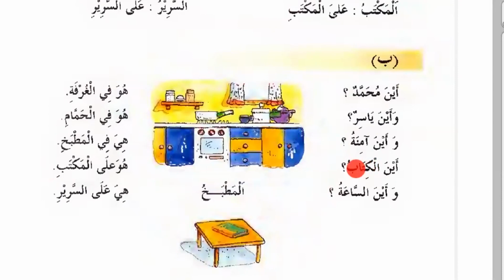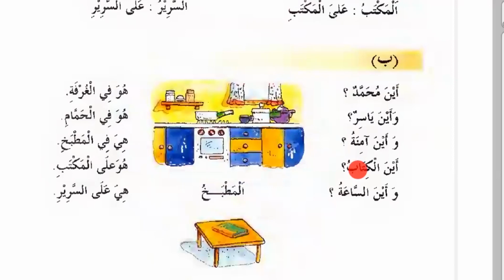As I said, even if it is not a human being, if it is not having ta marbuta, it means it is masculine most of the time. But if it is having ta marbuta, even if it is not human, if it is ghayru aqil, an irrational thing, and it is having ta marbuta, we use the feminine hiya for it.